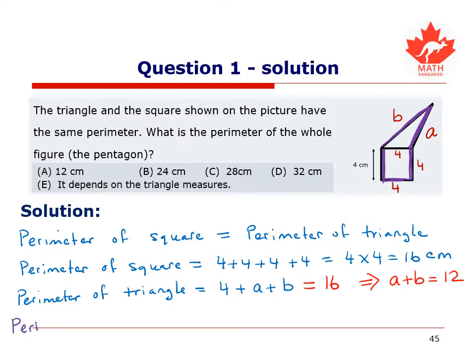So the perimeter of the pentagon, which is the 5-sided polygon, and this is an irregular shaped polygon, would be equal to 4 centimeters plus 4 centimeters plus 4 centimeters. Those are the 3 sides of the square. And then we have plus A plus B.